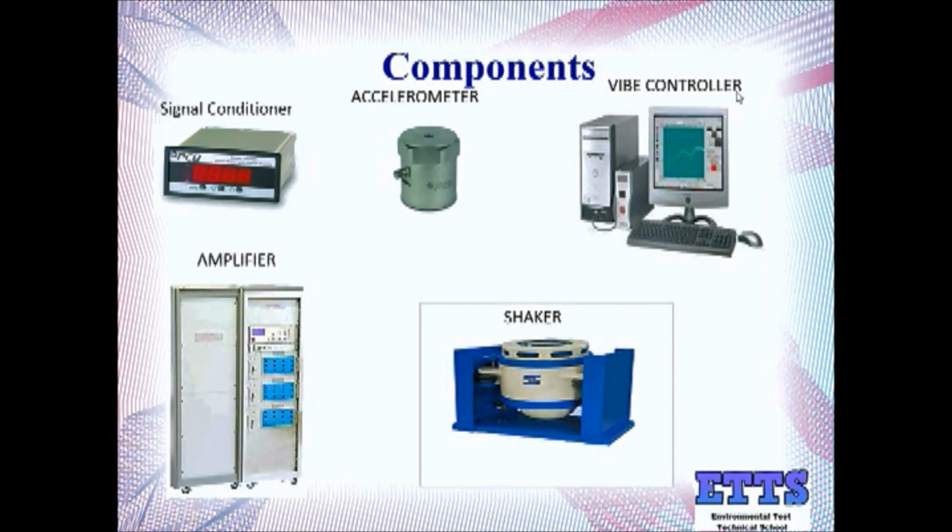You have your vibe controller, which outputs your drive signal to your shaker and also collects feedback data from your accelerometer and adjusts your levels accordingly. You have your amplifier, which amplifies the drive signal and outputs to your shaker. These are the major components of a vibration test system.